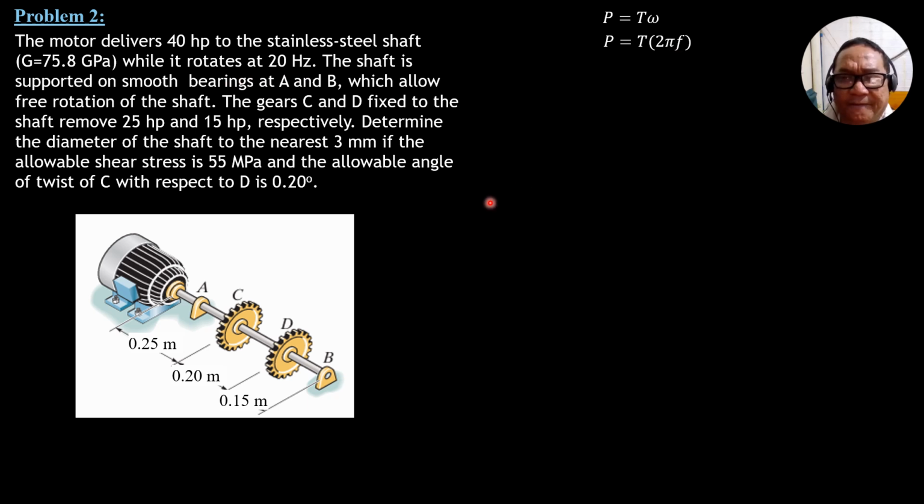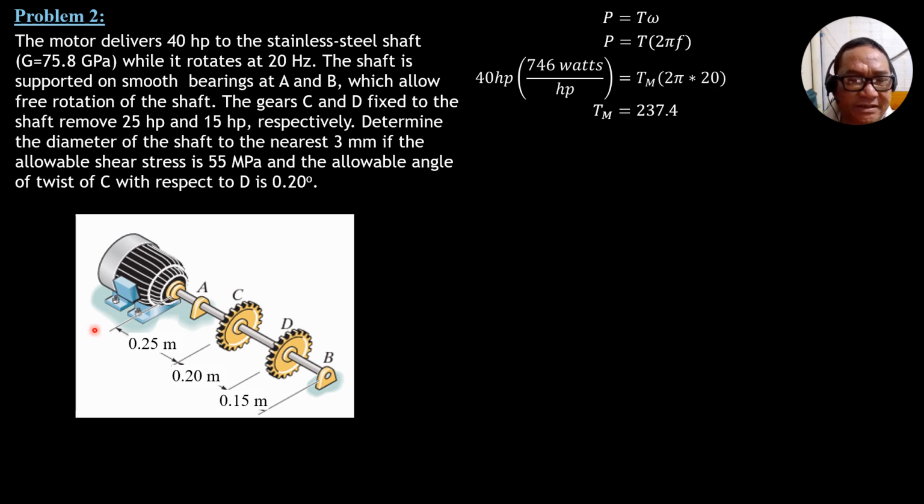So at the motor side, we have 40 horsepower times 746 watts per horsepower. Remember, that's the conversion. Equals torque generated by the motor times 2 pi times frequency 20. So torque at the motor side, that's the fixed end, is 237.46 Newton meter.